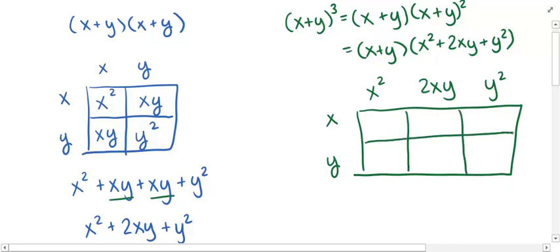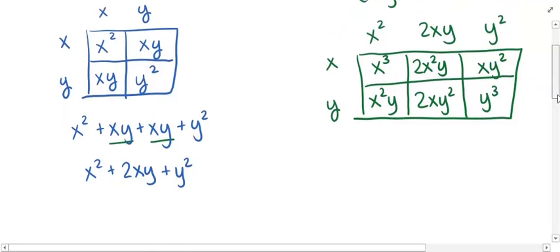Multiply each pair. x times x squared is x cubed. x times 2xy is going to be 2x squared times y. x times y squared is going to be x times y squared. y times x squared is the same thing as x squared times y. y times 2xy is 2xy squared. And then y times y squared is y cubed.